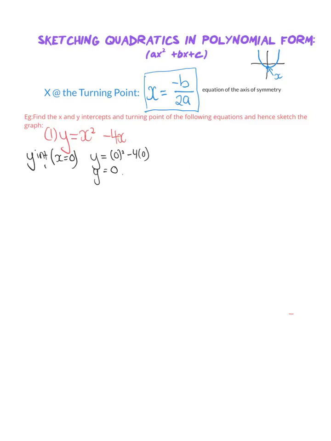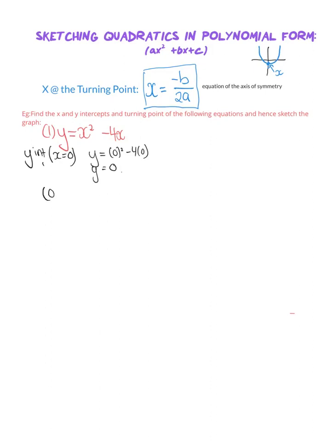So we have a y-intercept at the coordinates 0, 0. So when x equals 0, y equals 0, there's a coordinate. If we were thinking quickly of the graph, it's going through 0, 0 as one of the intercepts.